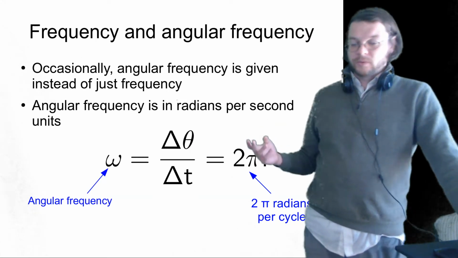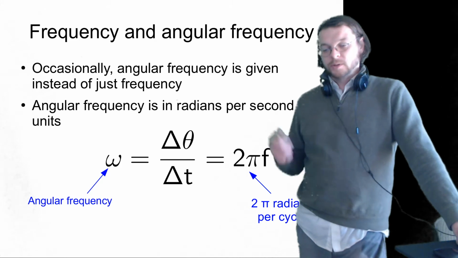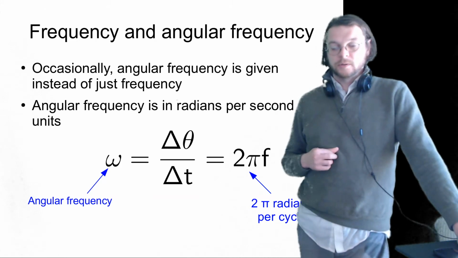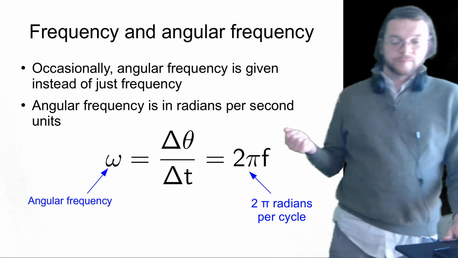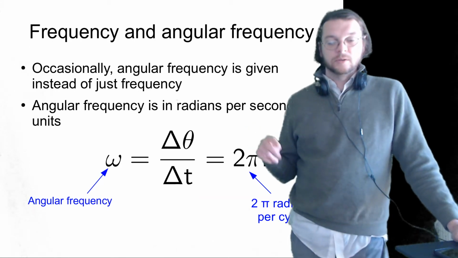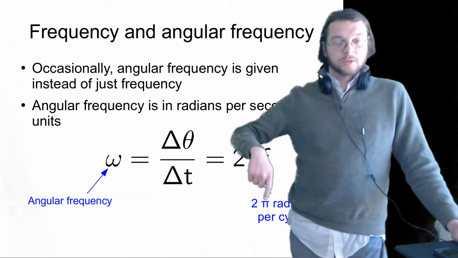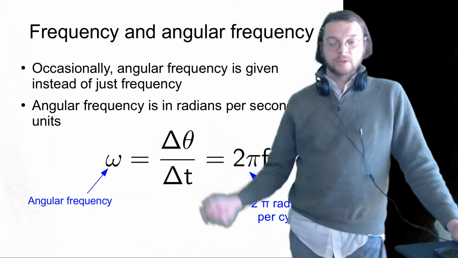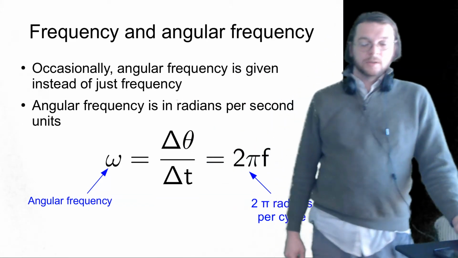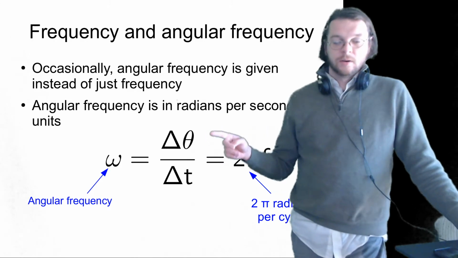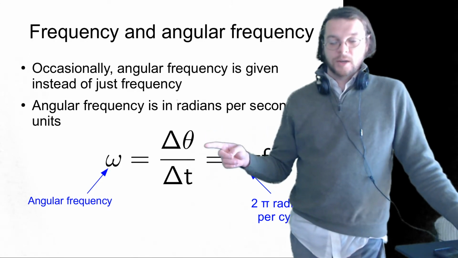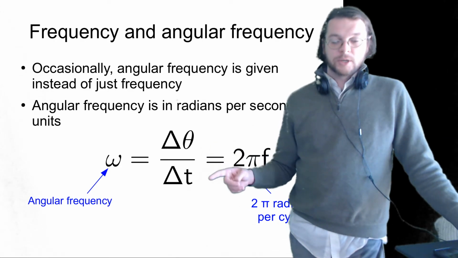Now, another way of quantifying the rate at which something is spinning is referred to as the angular frequency. Instead of the cycles per second, it has to do with how much angle we have swept out in a second, and specifically an angle in radians. So really, this is radians per second. This is the change in angle over the change in time.